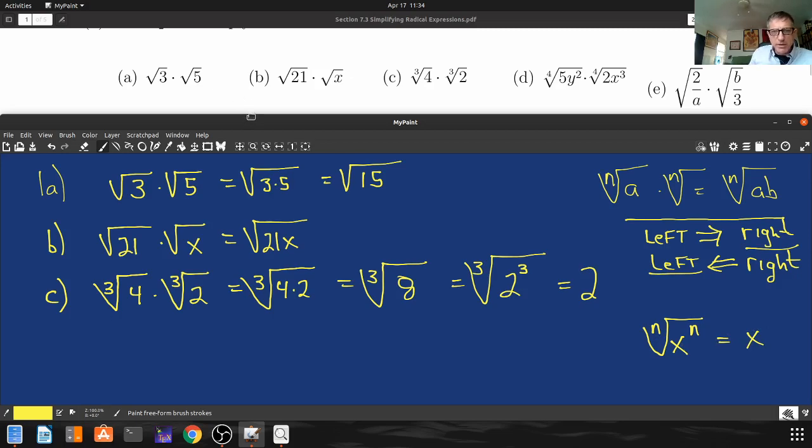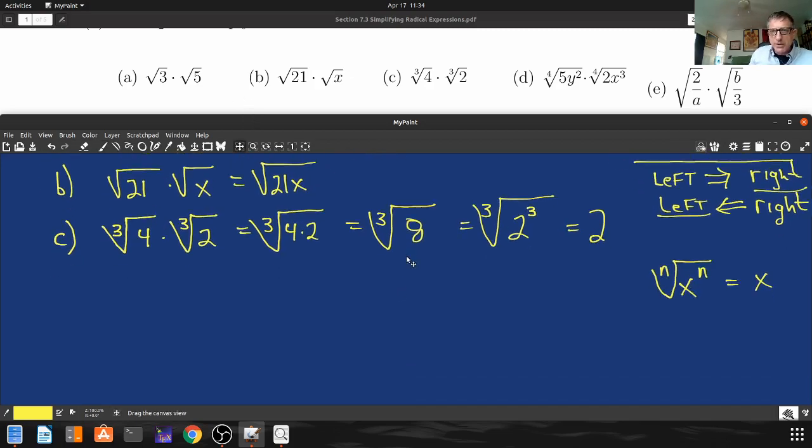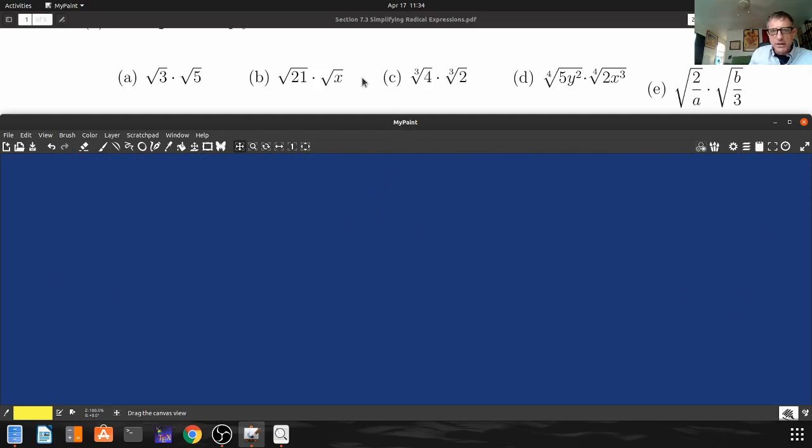So moving on, we've done number C. Let's do D. So we're going to do the fourth root of 5y squared.